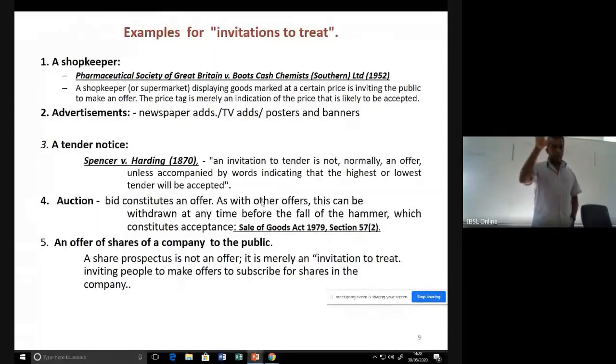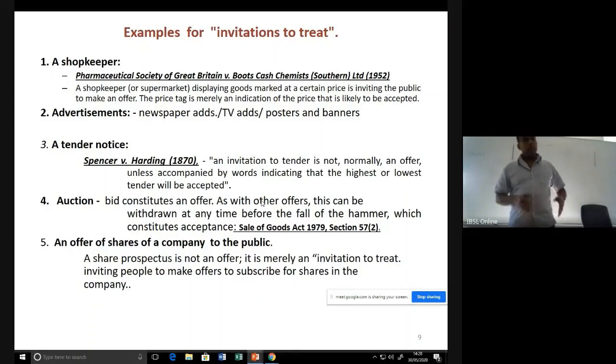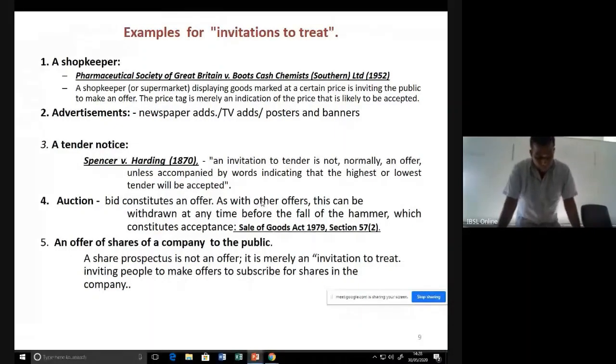Shopkeepers' display of items or display of the value of the item is not an offer, rather it's an invitation to trade. Next one, advertisement. You may have seen advertisement in newspapers, TV, internet, everywhere.